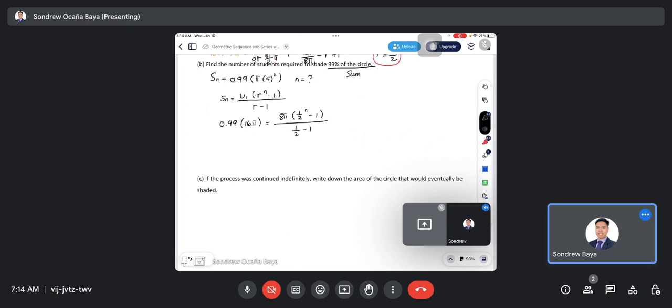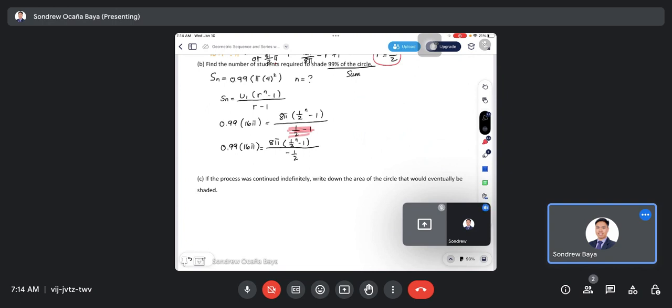Okay? Again, if the points in the IB exam is quite high, we need to solve this first. All right? So we can simplify the one below. Don't do it manually. Please use your calculator. So 0.99 times 16 pi. So we can simplify this part here using your calculator. So this now becomes equals 8 pi times half to the power of n minus 1 over negative 1 half.